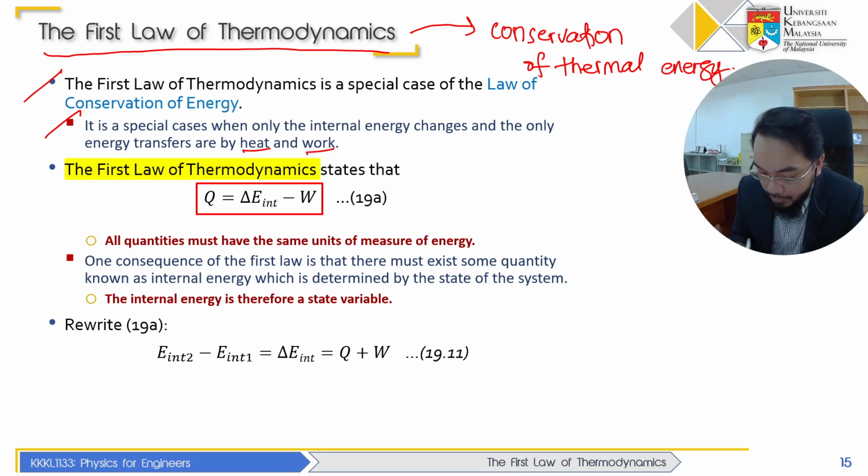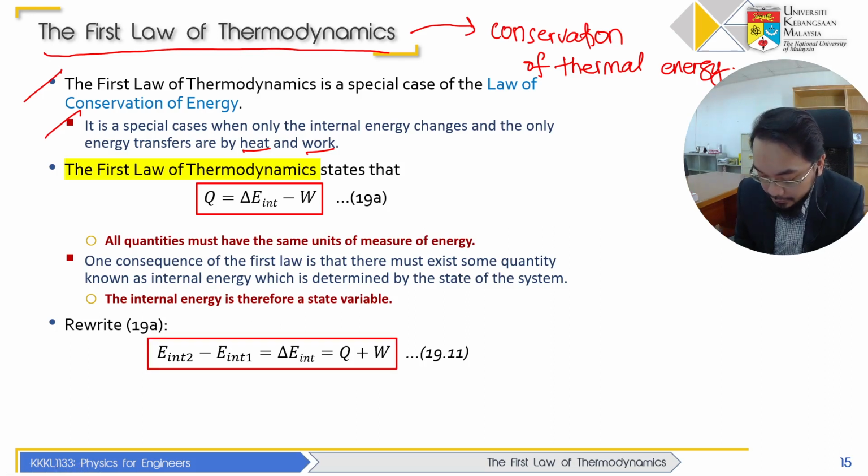One consequence of the first law is that there must exist some quantity known as internal energy, which is determined by the state of the system. The internal energy is therefore a state variable. So we can rewrite equation 19.a into this equation here.